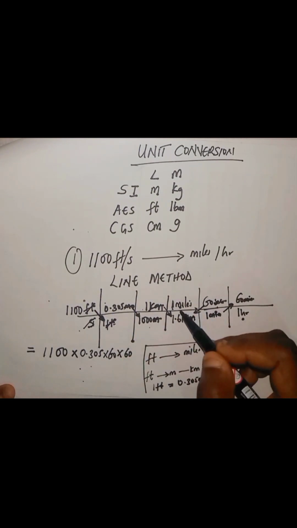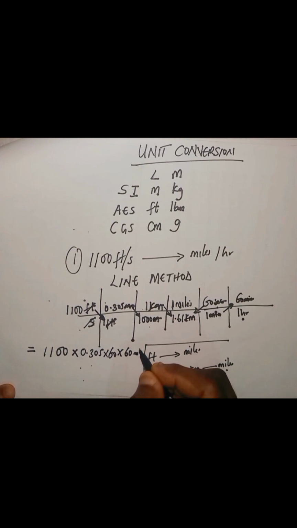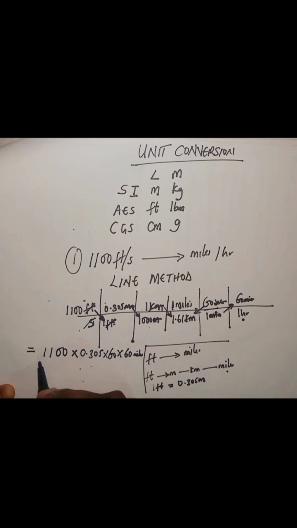The only unit up here is miles, so you place the unit here. And you divide by 1000, multiplied by 1.61.